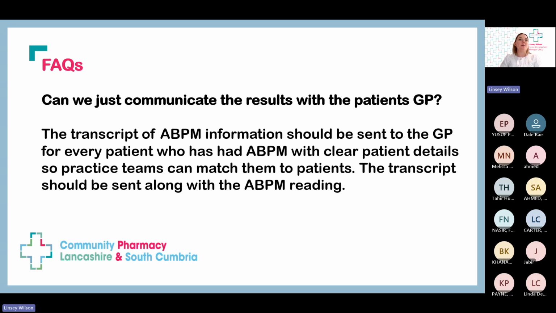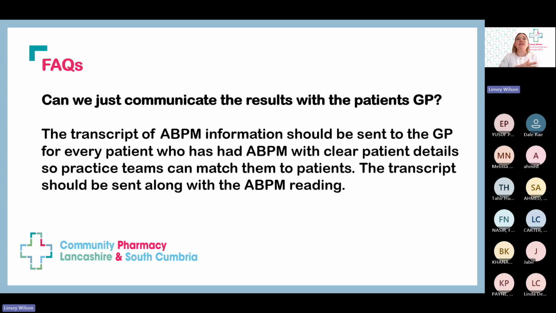Especially transcripts need to be sent for every single patient who's had an ABPM. They need the clear patient details, because it's probably not going to be the GP but the admin staff who link that to the right patient and pop it in their patient notes. So I would always recommend written communication with your GPs.